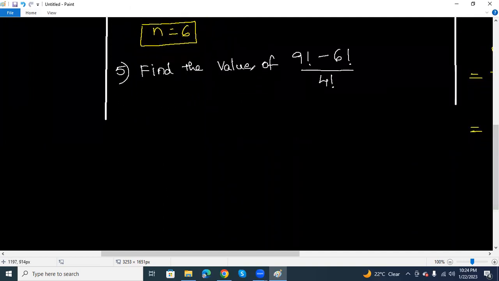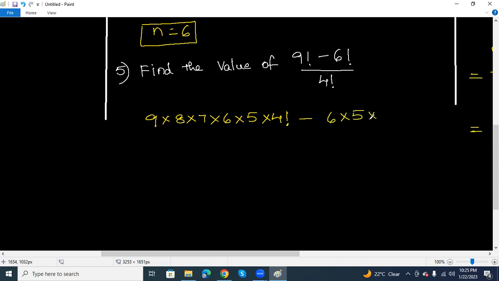First, 9 factorial can be written as 9 into 8 into 7 into 6 into 5 into 4 factorial. We can stop here because in the denominator we have a 4 factorial. Even 6 factorial we will write until the 4 factorial: 6 into 5 into 4 factorial, divided by 4 factorial.